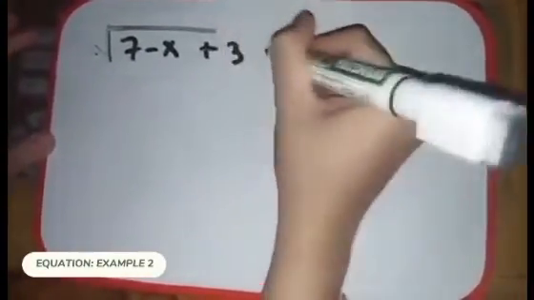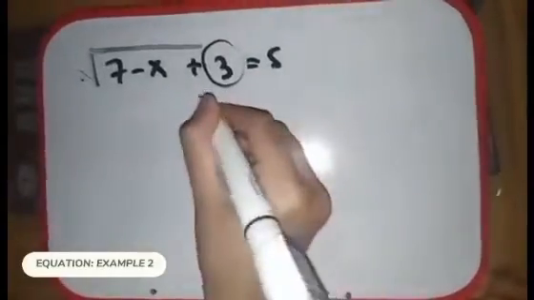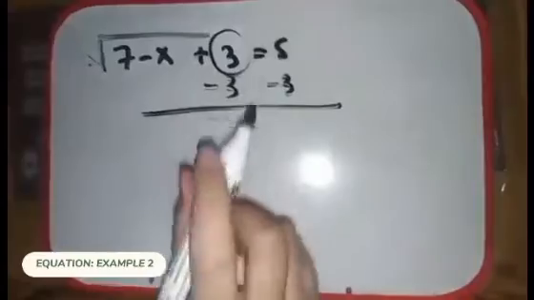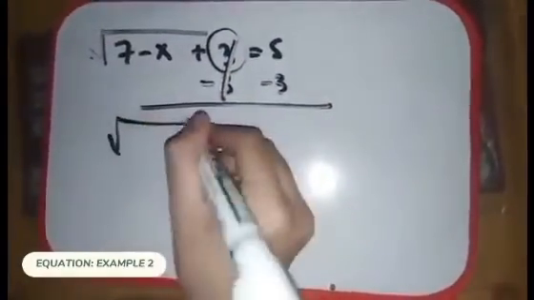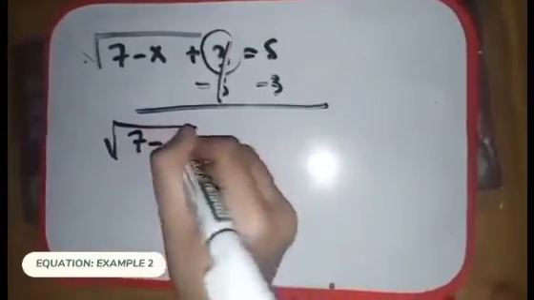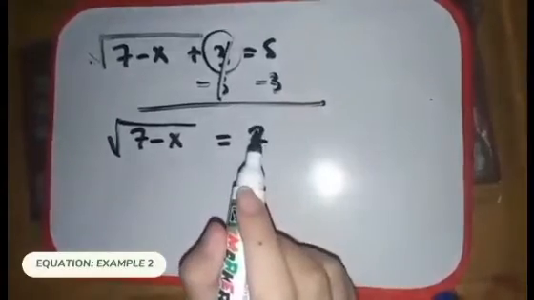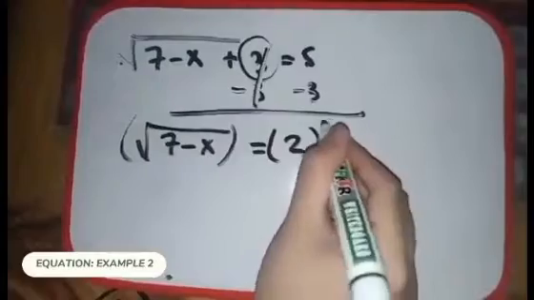Square root of 7 minus x plus 3 equals 5. We are going to move the 3 from left to right, so subtract 3 from both sides. So square root of 7 minus x equals 2 because 5 minus 3 is 2. We are going to square both sides.